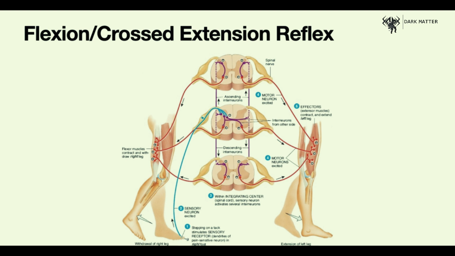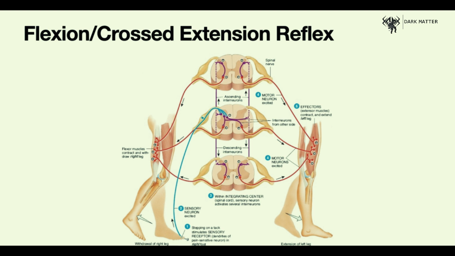So the stimulus is when a sensory receptor in the foot detects that we have stepped on something painful, and this is in the right foot, and it carries this message to interneurons in the spinal cord that will activate numerous circuits. So first, a motor neuron in the ventral horn that synapses on the flexor muscles at the back of the right leg is going to be activated to cause these muscles to contract in order to flex the leg backward and pull the foot up and away from the painful stimulus.